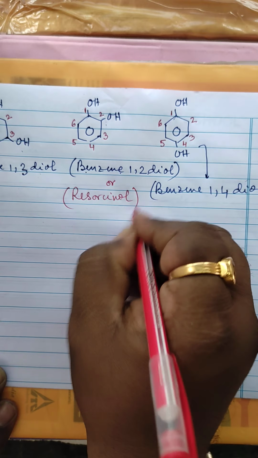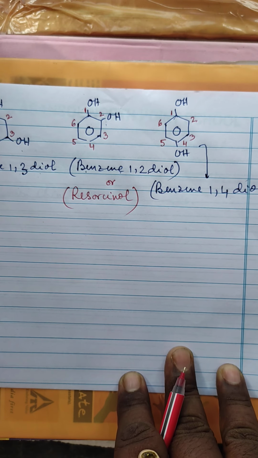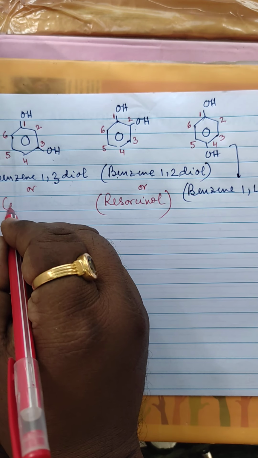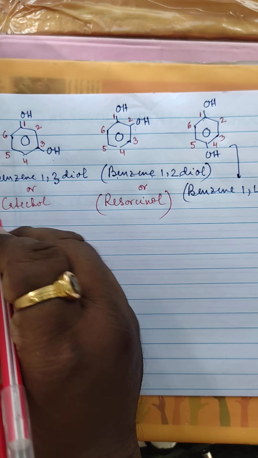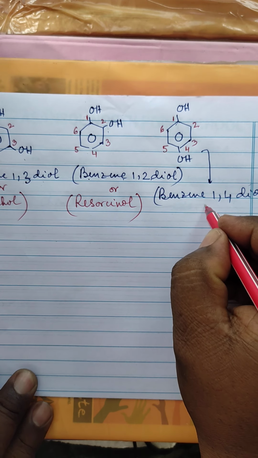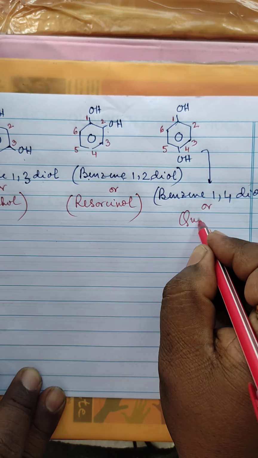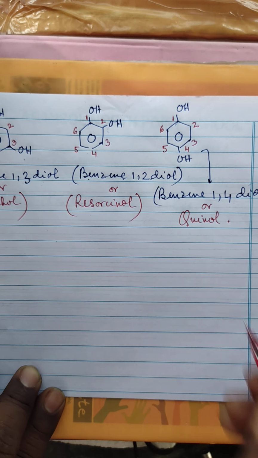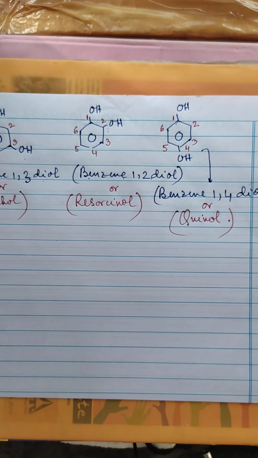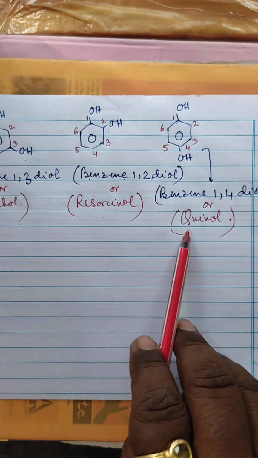This compound is commonly called resorcinol. This compound is commonly called catechol, and this compound is commonly called quinol. So these are the common names, by which these compounds are known in the market: catechol, resorcinol, quinol.